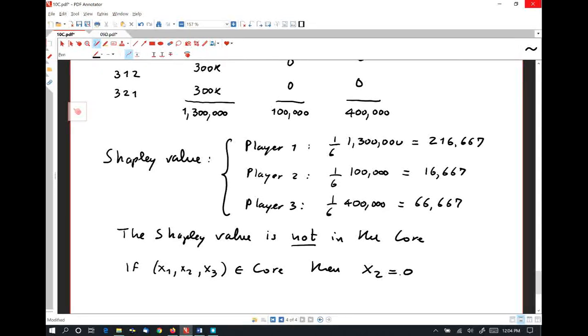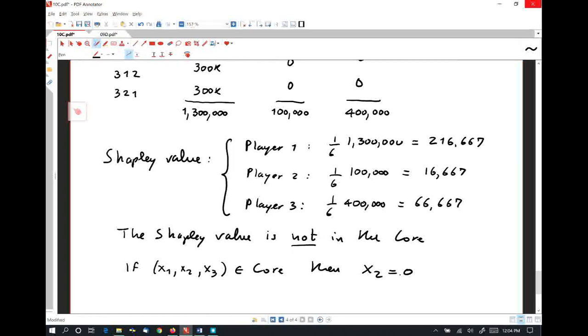So while the core does not recognize this positive role that the industrialist plays and gives him nothing, the Shapley value does recognize this role and gives him a payment of $16,000.